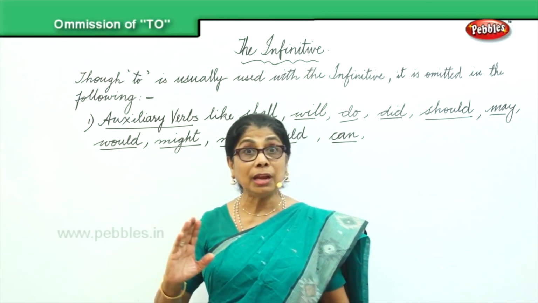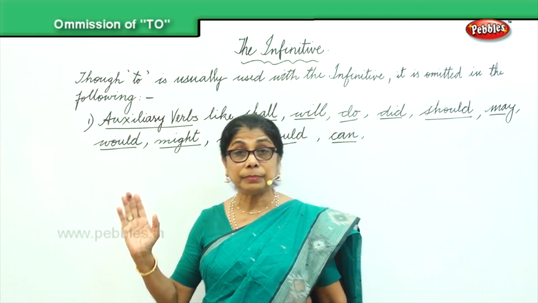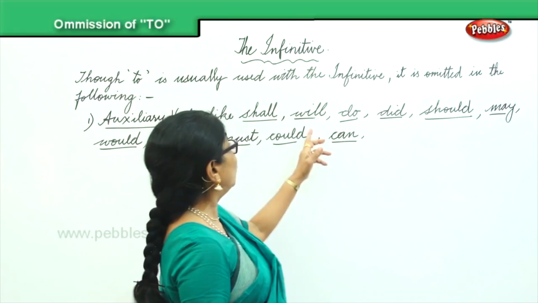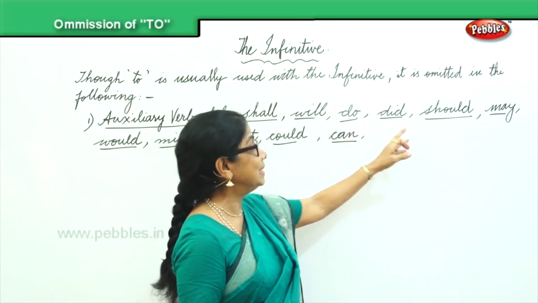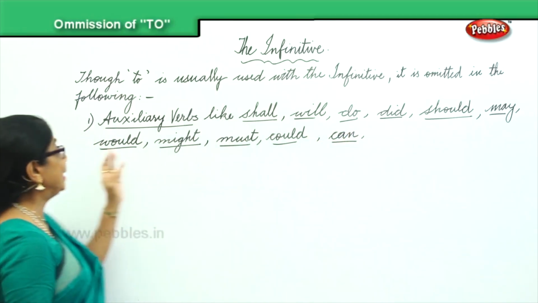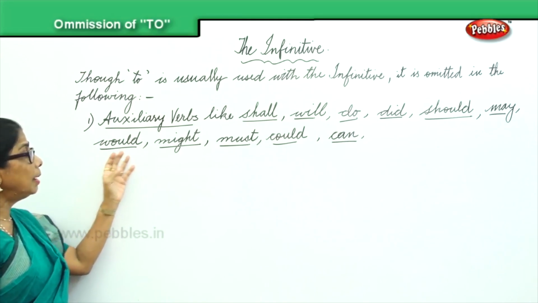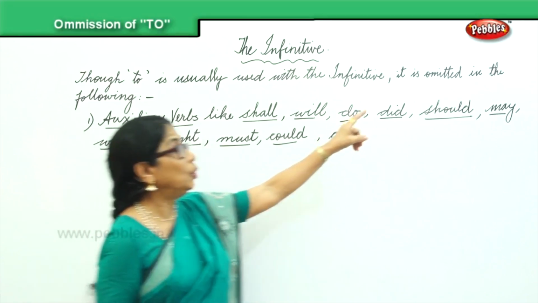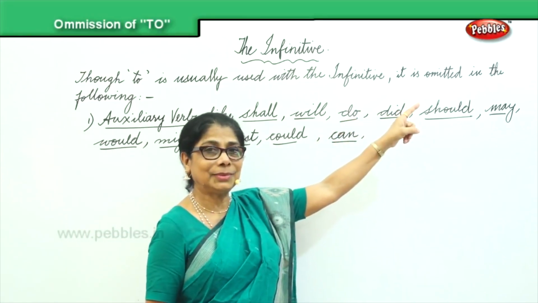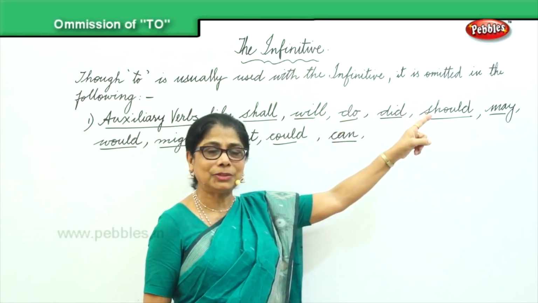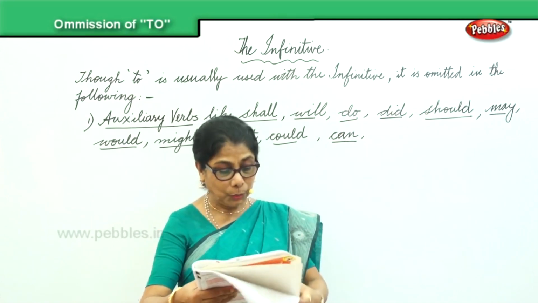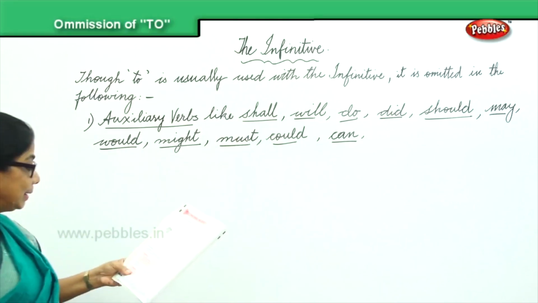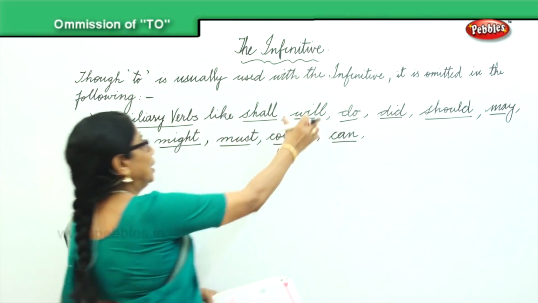When we are using auxiliary verbs like shall, will, do, did, should, may, could, would, might, must, and can, we omit to. So how will the sentence be? Example, let's take the word will.